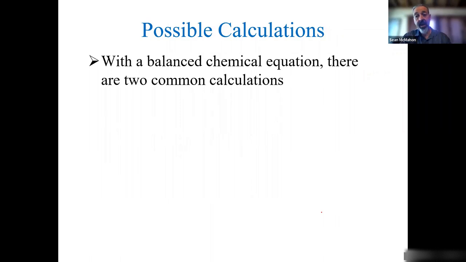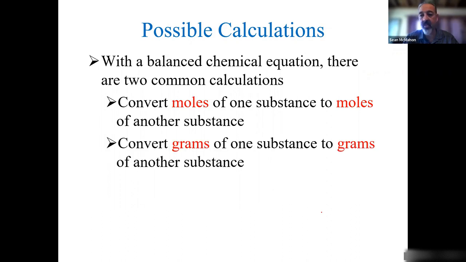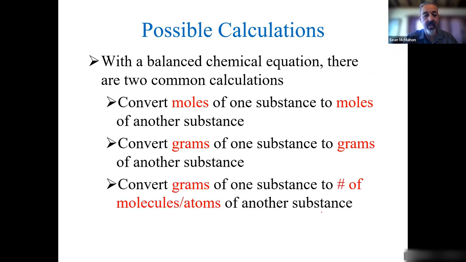So there's quite a few calculations that we can use, stoichiometric calculations, with a balanced equation. There are 2 common ones, mole to mole for this class, and grams to grams. However, there's more than just this. I'll be honest, you can convert grams to the number of molecules or atoms, because we learned just using the mole that if we convert grams to moles, then we know in 1 mole, there's 6.02 times 10 to the 23rd.